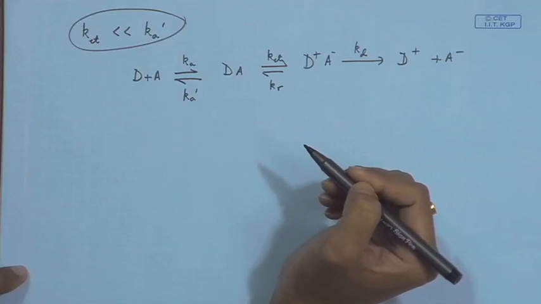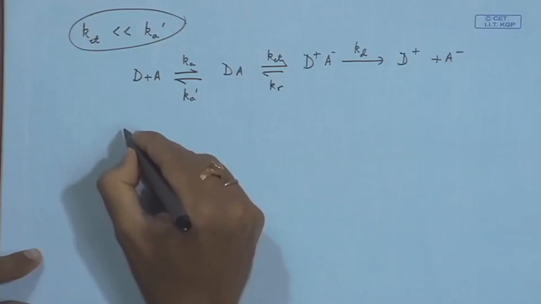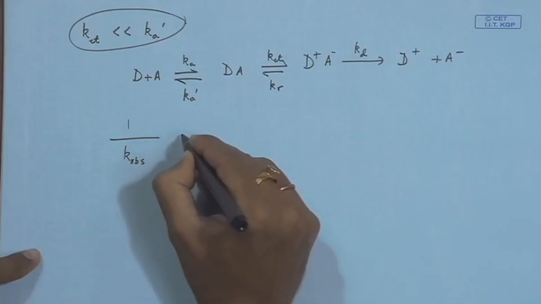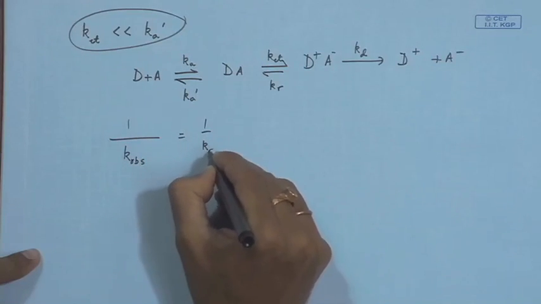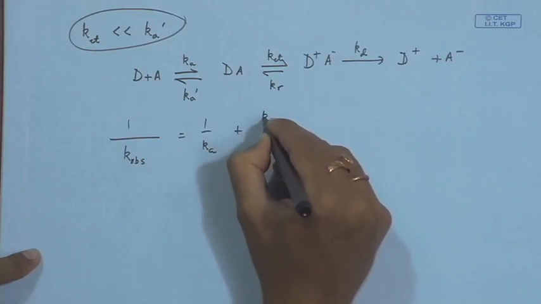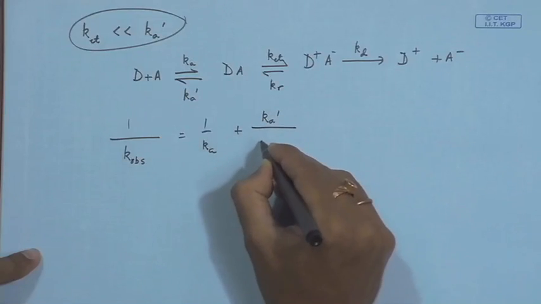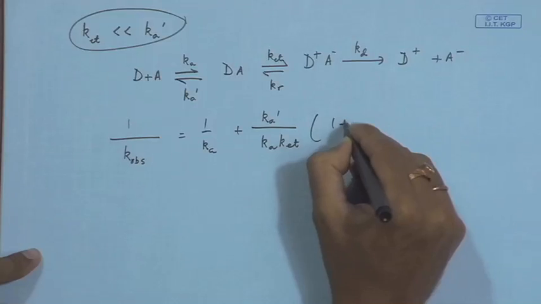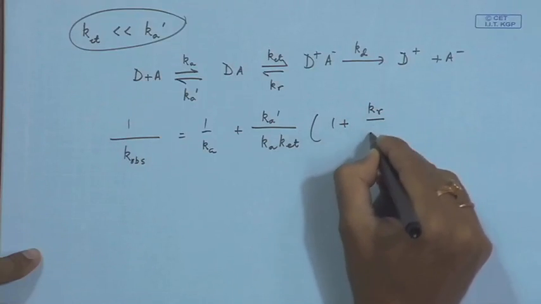So this situation means if this one is very high compared to the forward reaction, then what would you get? Your original expression was 1 by K obs is equal to 1 by Ka plus Ka prime divided by Ka KET times 1 plus Kr by Kd.